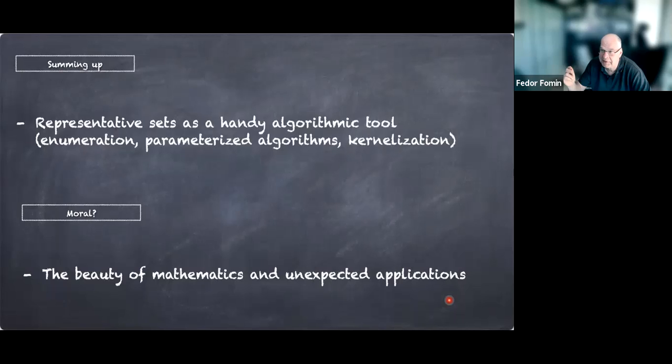In the 1960s, combinatorics was a very abstract field of mathematics. Who in the 1960s would be thinking that results from extremal combinatorics, which are completely non-algorithmic, would have applications 50 years after in parameterized complexity or in kernelization? Of course, not every beautiful mathematics will bring something applied, but this happens, and this is the beauty of mathematics.